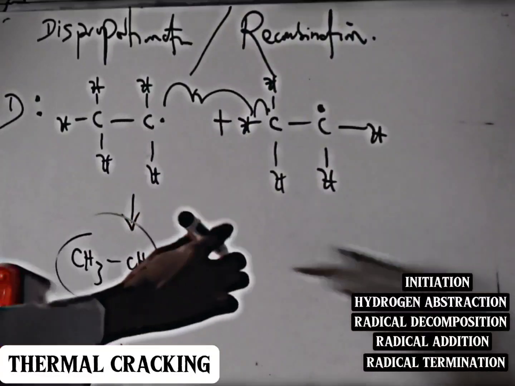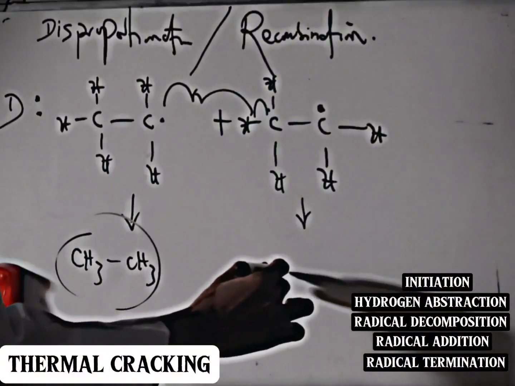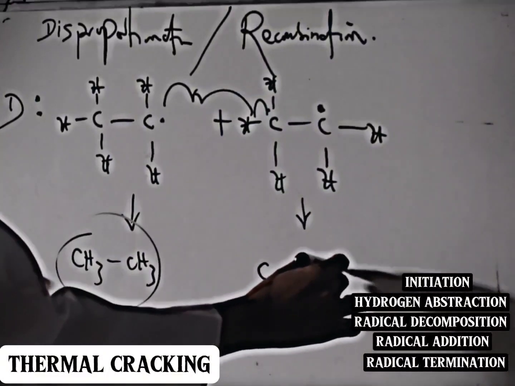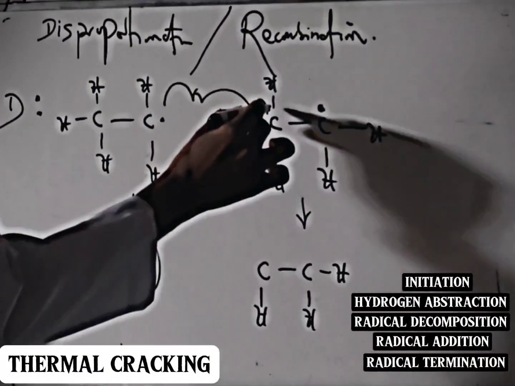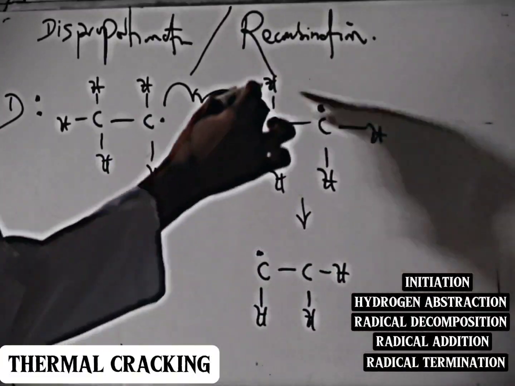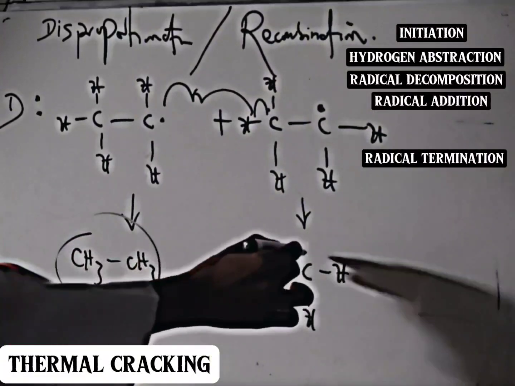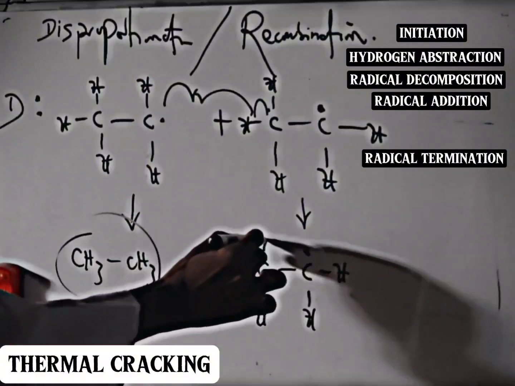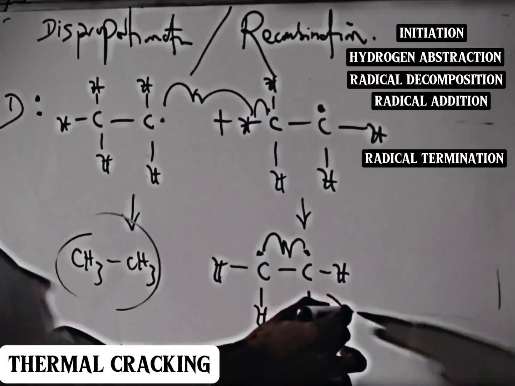So what we will have here is this. We're going to have CH, H. There's a radical here. Then with the other H, the other H has been taken up here. So we're going to have this, which can then recombine like this to give you an ethene.